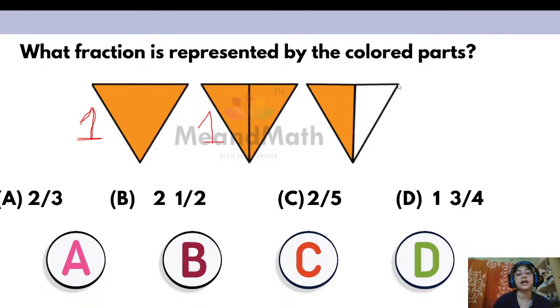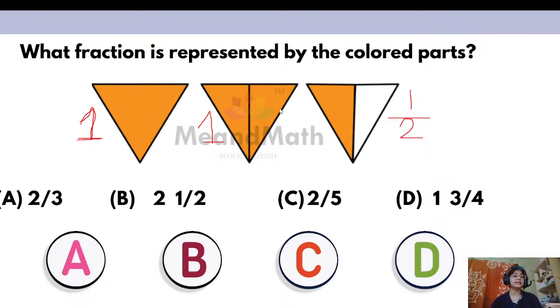And the third triangle is divided into two equal parts, and we can see that only one part is colored. So the fraction for this is half, right? Only half of the third triangle is colored, isn't it? So what is the total then? We have 1 plus 1 plus half, which is 2 and half.